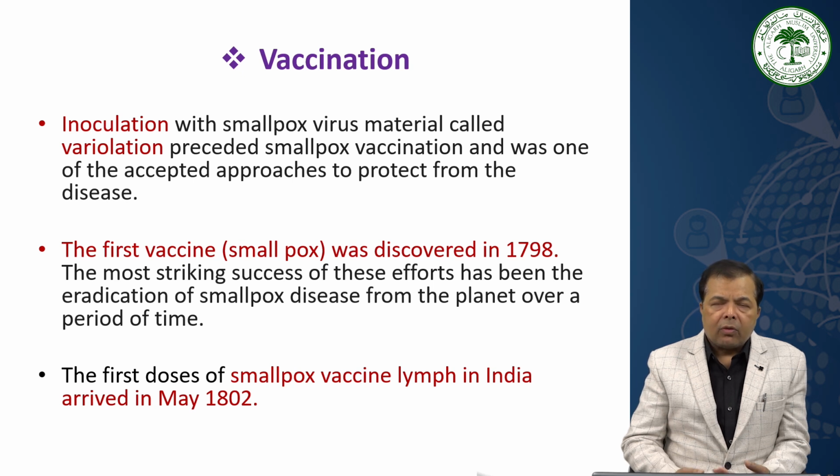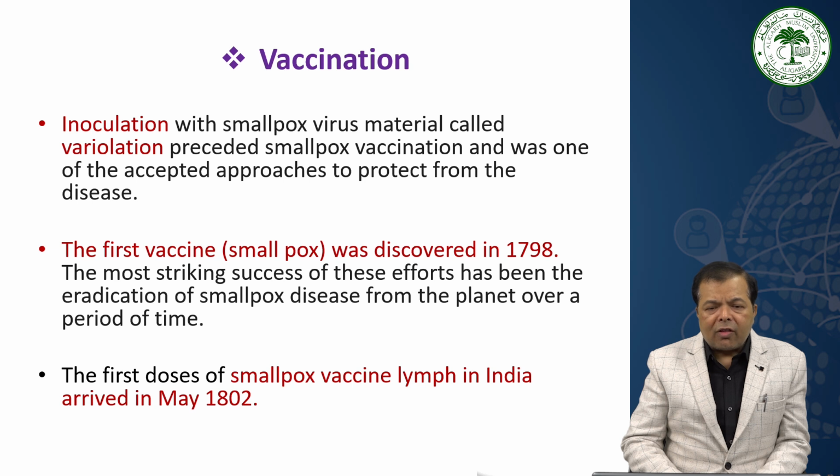So, once the smallpox vaccine was discovered in 1798, it took around 250 years to reach that advanced stage of vaccine which could be instrumental in eradicating the problem known as smallpox. So you see the time period it took.